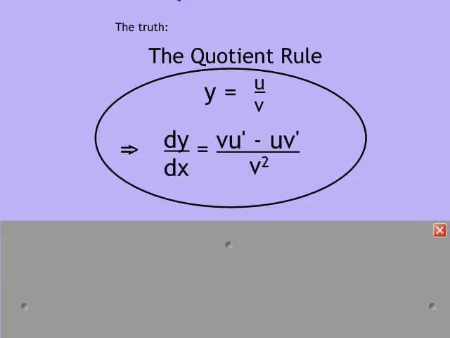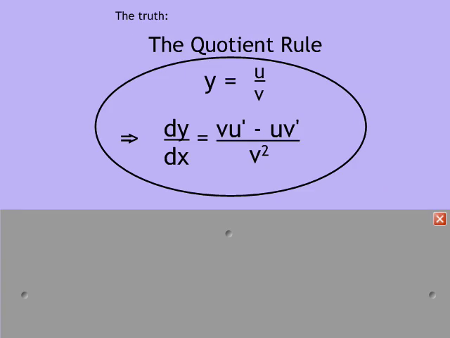When you've got y is a fraction u over v, or a quotient u over v, dy by dx is (v u dashed minus u v dashed) over v squared. So there's that v thing again, but there's a minus in the middle, and there's a v squared on the bottom. That's another one that you need to memorize. It's not in any of the formula booklets, so you just have to memorize it. Let's use that on our example next.